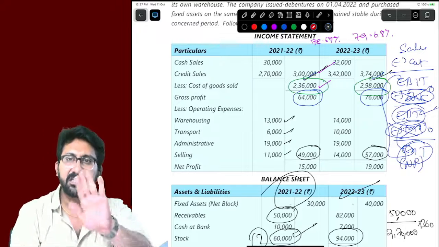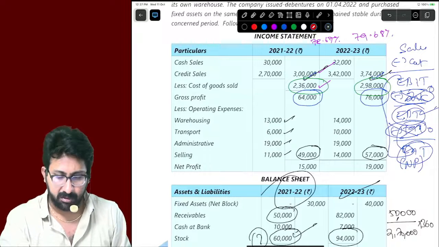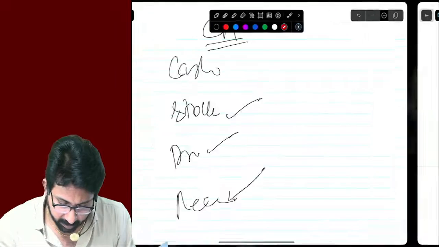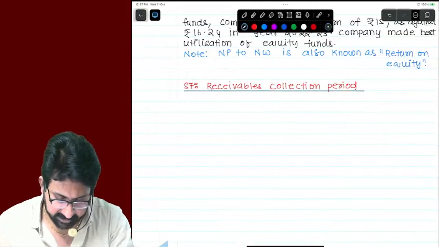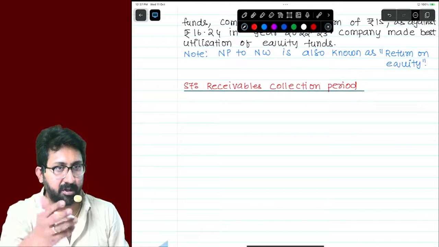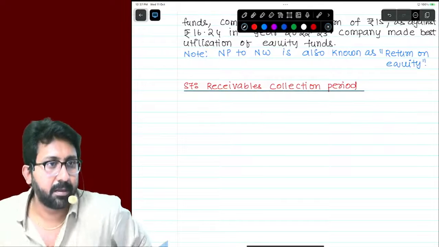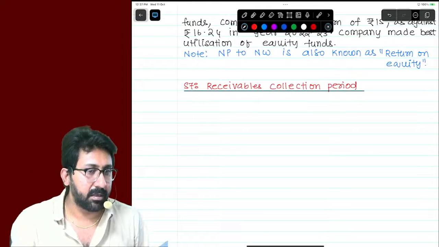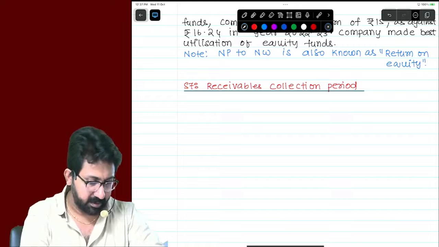Everyone, at least understood the concept clearly? First, write down there. Receivables collection period. Write the formula first.